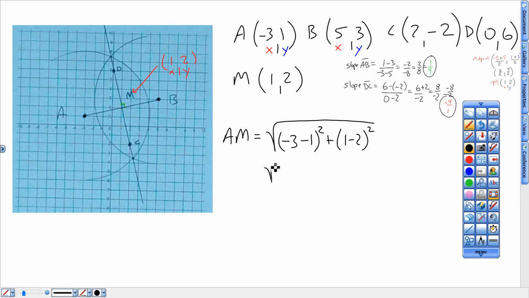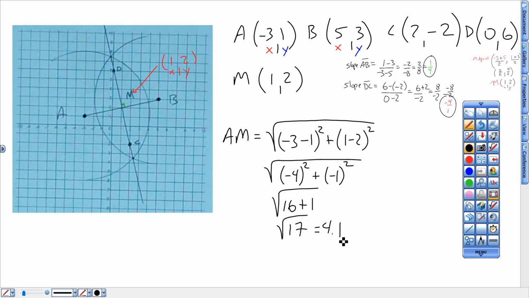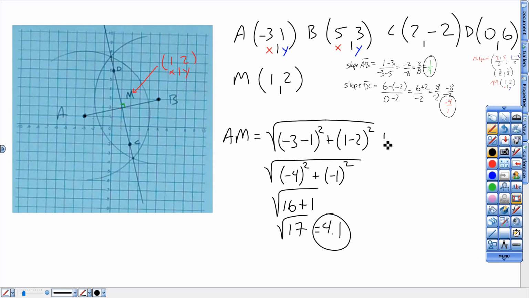Should give me that negative 4 squared, that part of the triangle 4, plus negative 1 squared, that part of the triangle 1, gives me 16 plus 1, square root of 17. So using the points A and the midpoint M gives me root 17, which is 4.1.